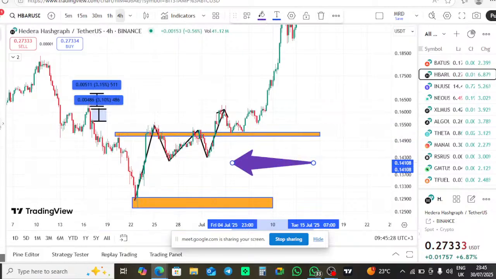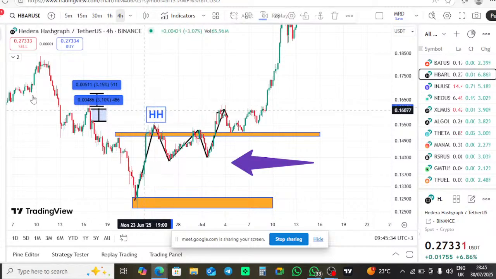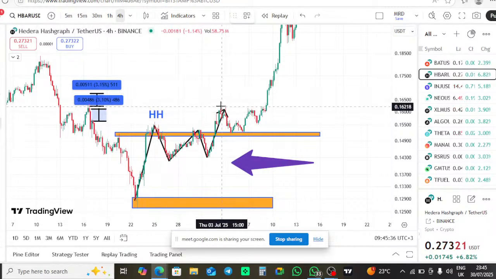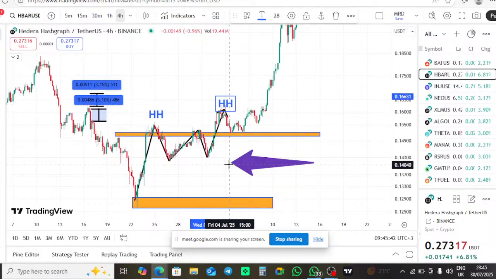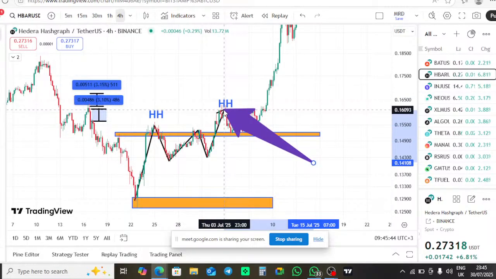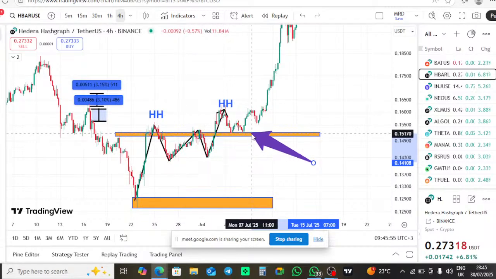Meaning, if this was high, even this one is high. Are we together? Now, since this one is high, what could come into your mind? Automatically, it is to come back and test this level.